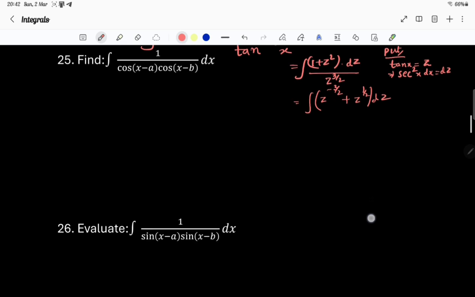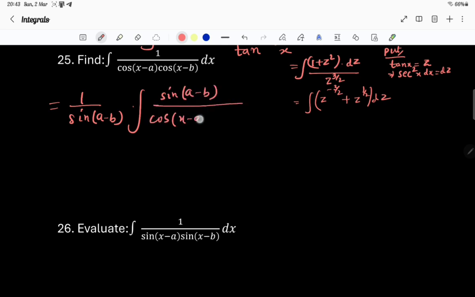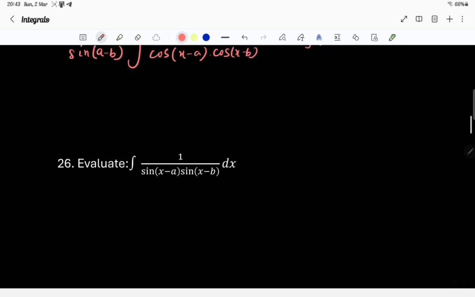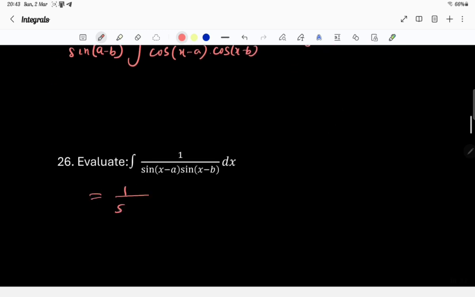So in 25 and 26 both are the same functions, cos here and sin there. So in that type of functions, what we will do? If the same type of functions are there, you will divide by sin a minus b and multiply by sin a minus b, like this. Cos x minus a into cos x minus b dx. Here also same function, so 1 by sin a minus b divide and sin a minus b multiplication.